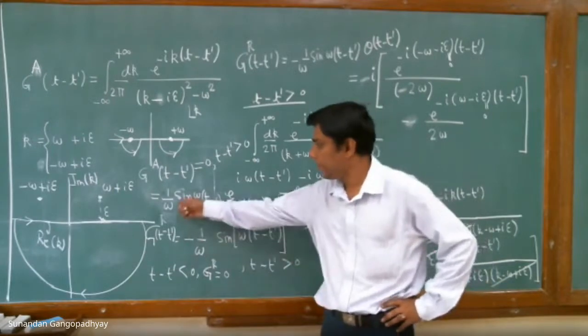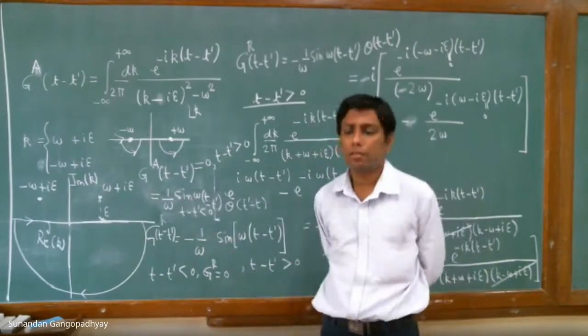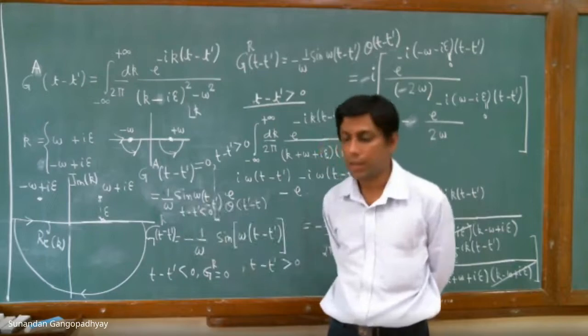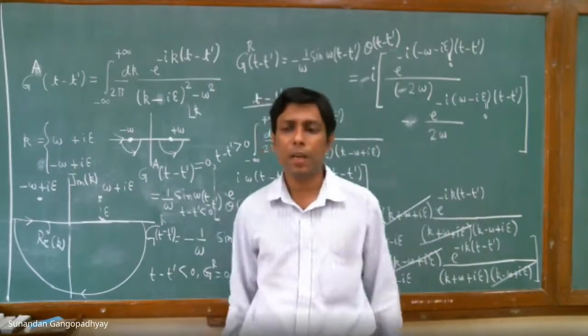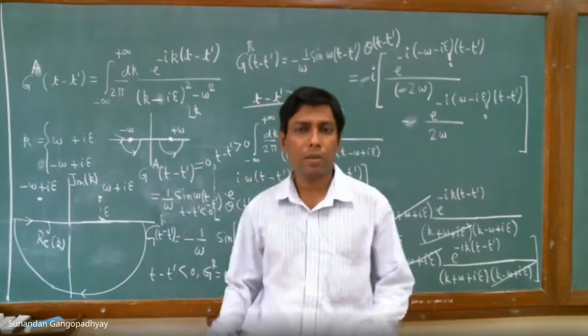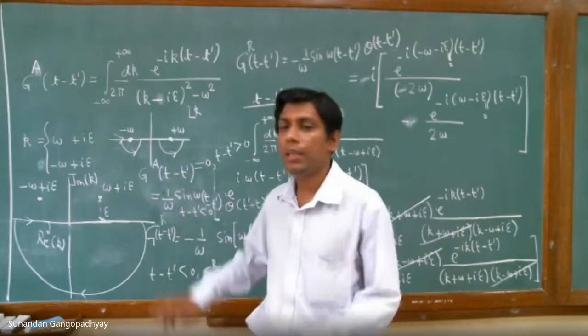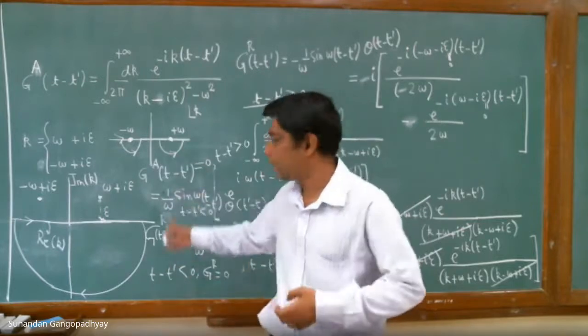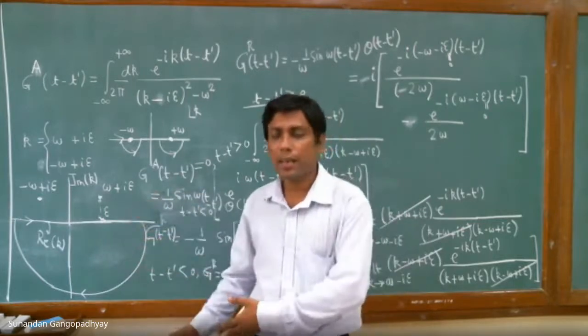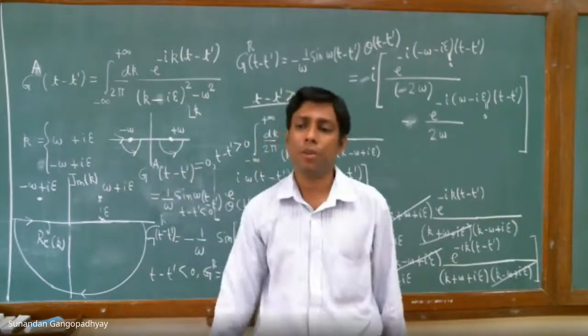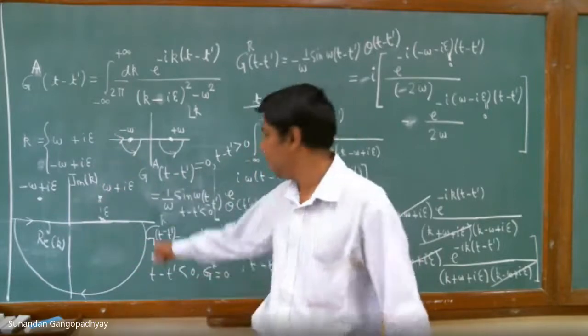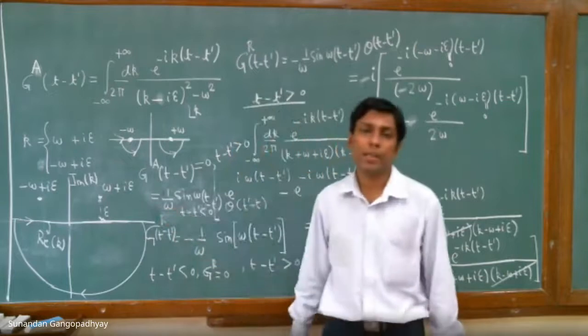So you should verify whether you get this result for the advanced Green's function. The calculation is exactly similar. I have done two cases, the Feynman Green's function and the retarded Green's function. For the advanced Green's function, it is exactly similar. You have to calculate the contribution from the two poles, and you are done. You will get the same result without a minus sign.